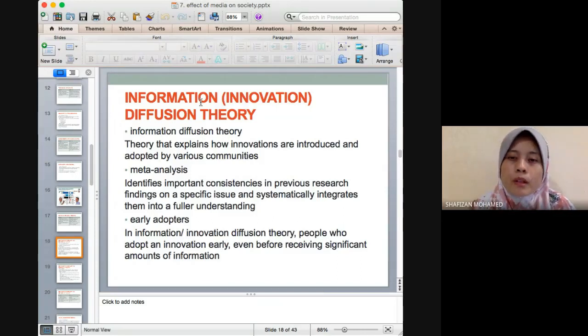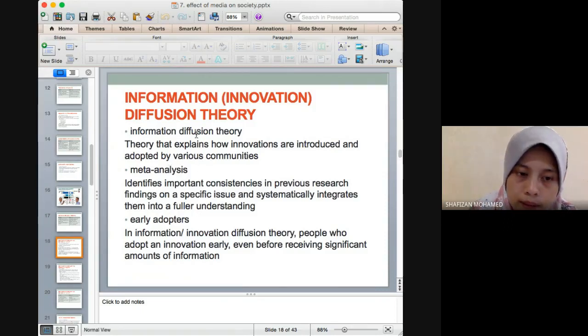So this theory tried to explain how innovations are introduced and adopted by various communities. It identifies important consistencies in previous research findings on a specific issue, and systematically integrates them into a fuller understanding.